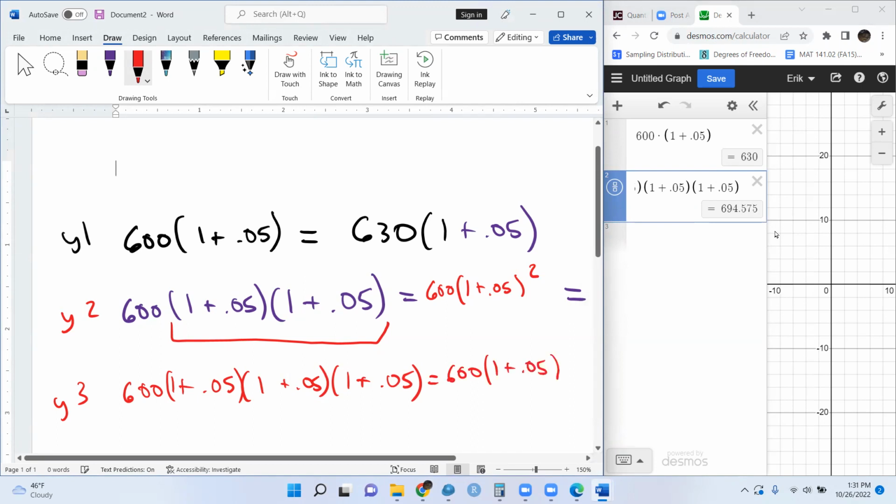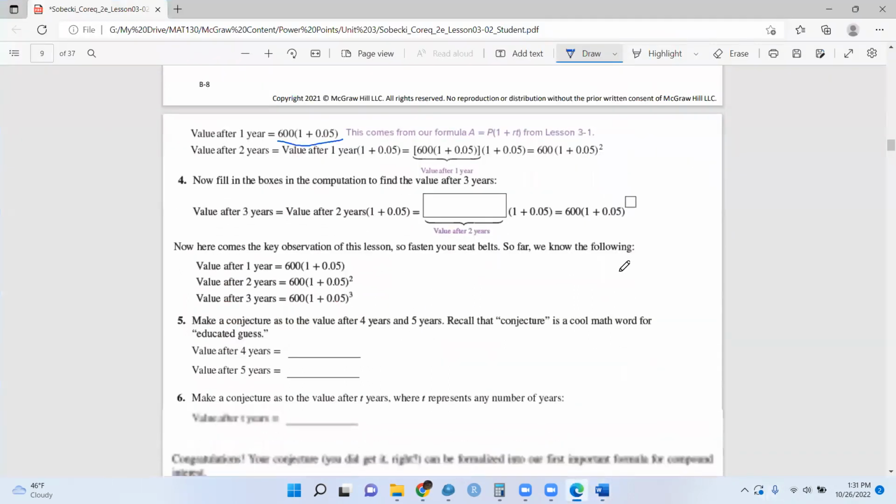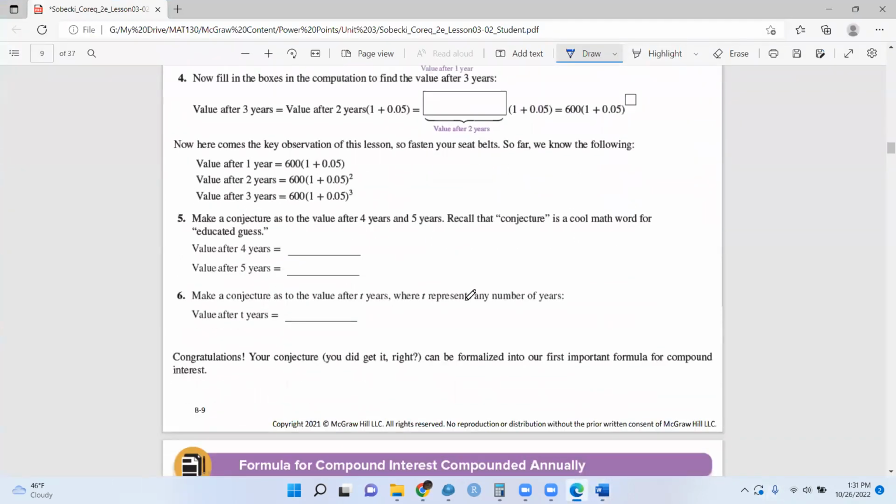Okay, so now I think we're ready for the formula. What if we did T years? Our formula would become 600 times 1 plus 0.05 raised to the T power. That's it.